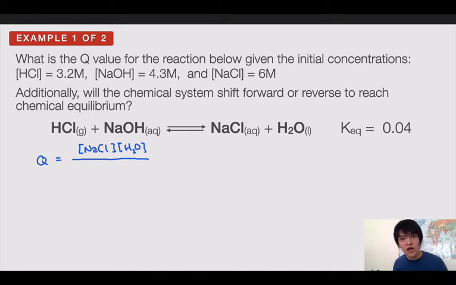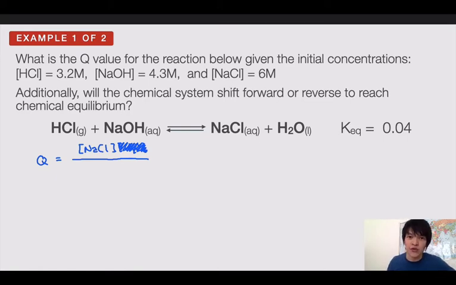Now, actually, before I move on, I'm noticing that H2O is actually a pure liquid. You see the L in the parentheses right there? Since it's a liquid, you technically can't have a concentration. So we actually do not put liquids or solids into these equations, and the reason is because you can't have concentrations of pure liquids or solids.